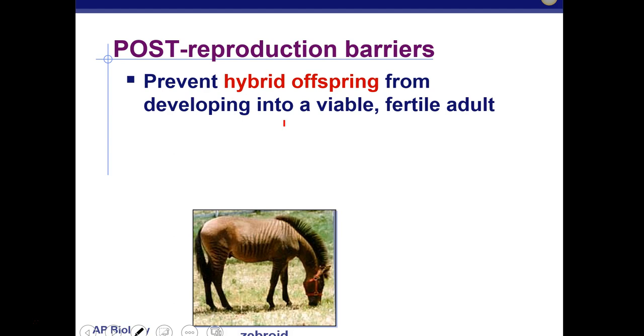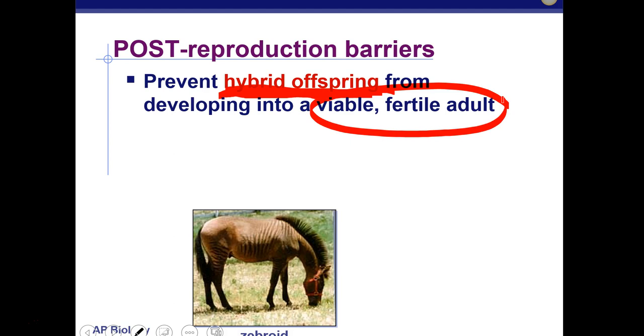Now, there are a few more that occur. Yes, breeding does occur. Sperm and egg do come together, but they are still considered separate species. Those are called post-reproduction barriers. They mated, they bred, the sperm fertilized the egg, but the children don't go through puberty, they don't grow up and have children of their own.